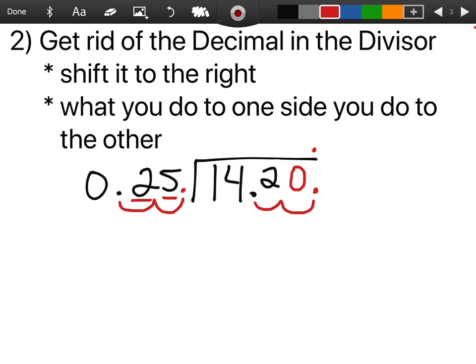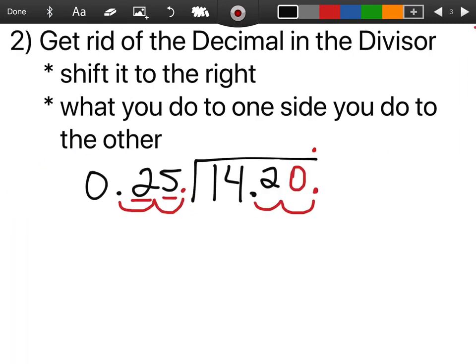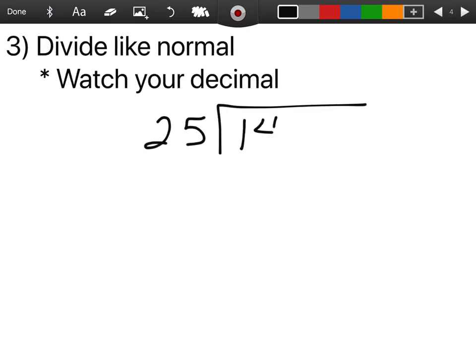Okay, so now I have 25 into, let's use black instead. So 25 divided into, what was our number? 14.20. So 1420. There is my decimal.